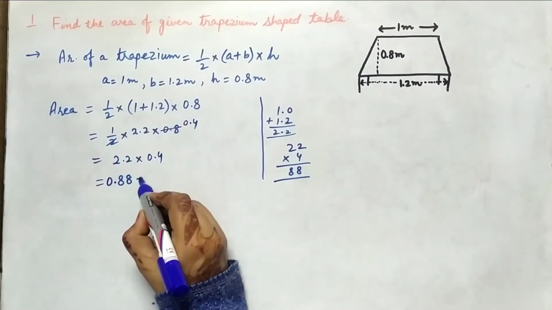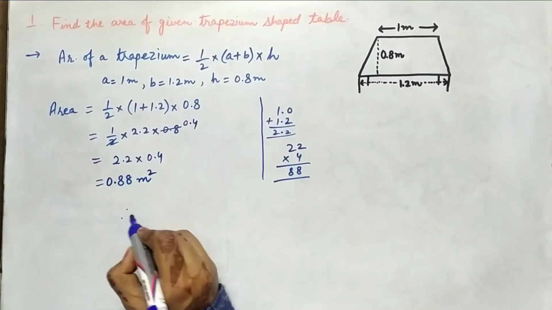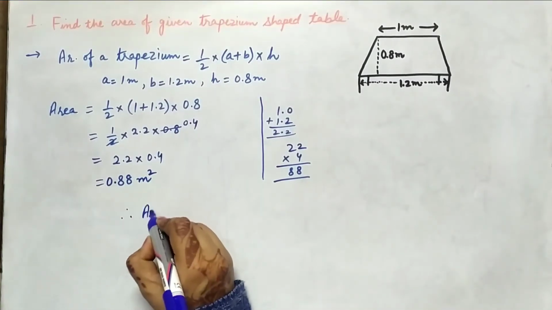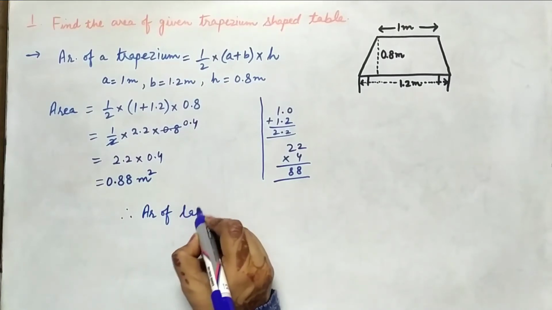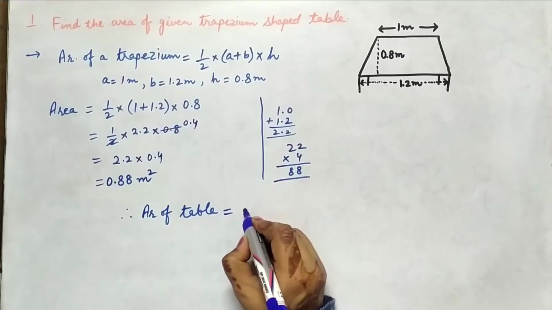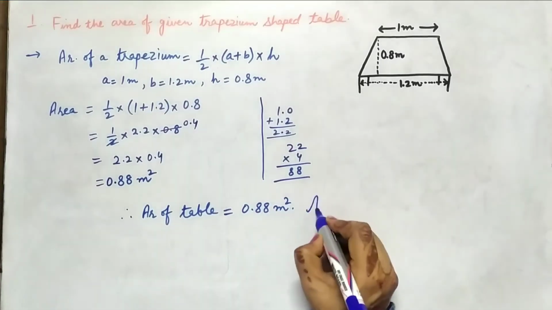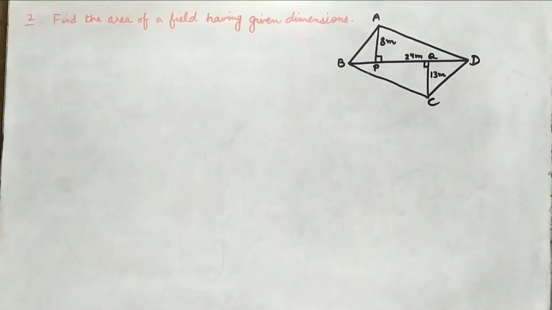Meter, area has square. So we will write, therefore area of table is equal to 0.88 square meter.